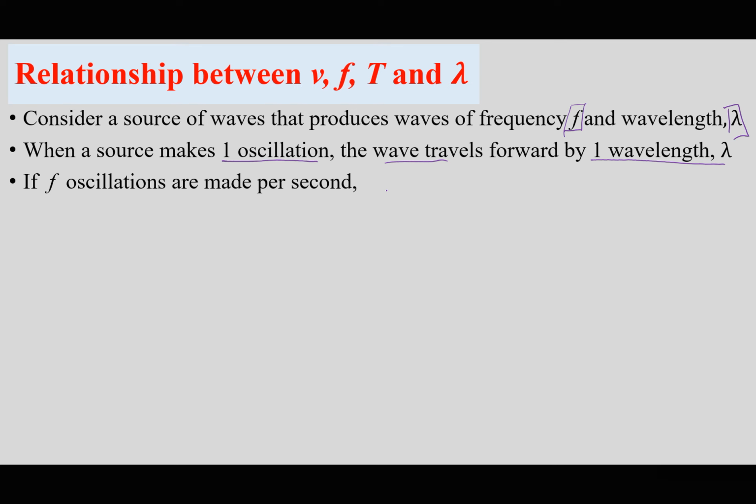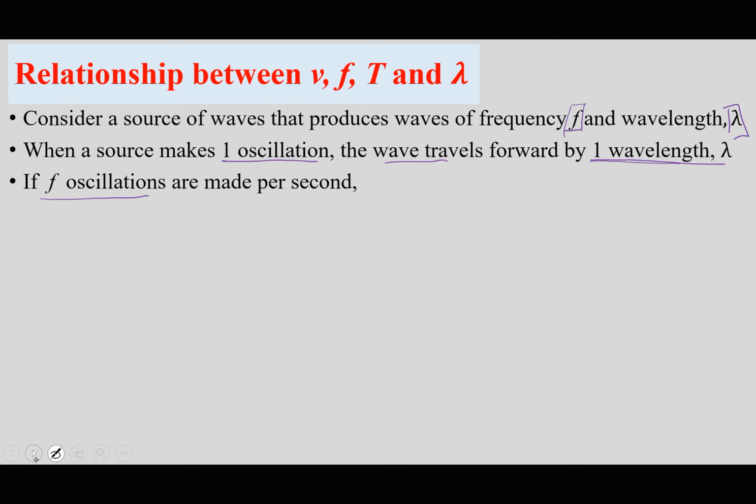If the source makes one oscillation, the wave moves forward by one wavelength. If it makes f oscillations in 1 second, what is the total distance moved? Each oscillation moves the wave forward by a distance of one wavelength.